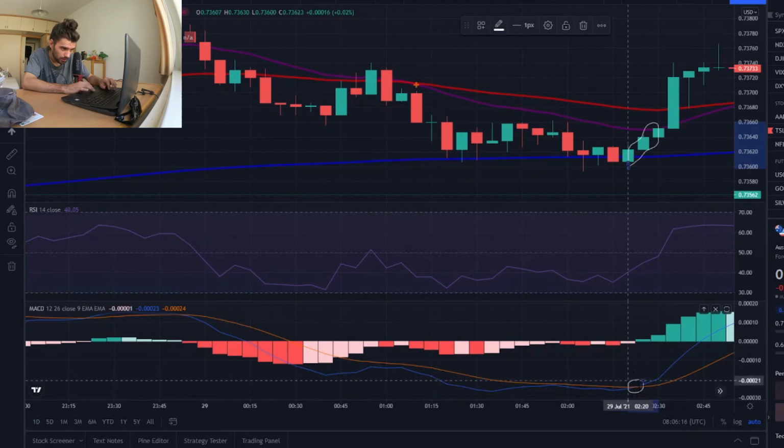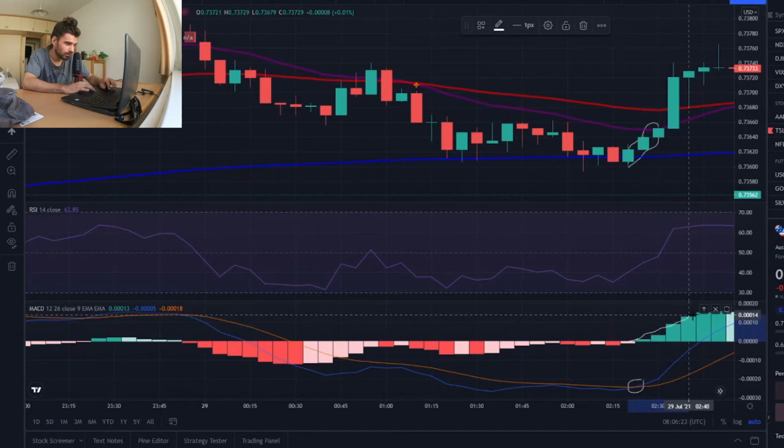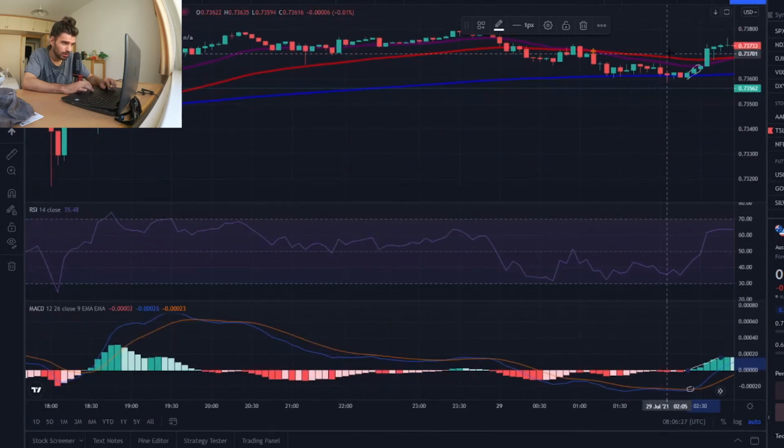We saw a cross, and suddenly we went above the 0 point on the MACD as well. And so you always want to look for a bullish candlestick with the MACD at the 200 EMA, and this is your entry point.